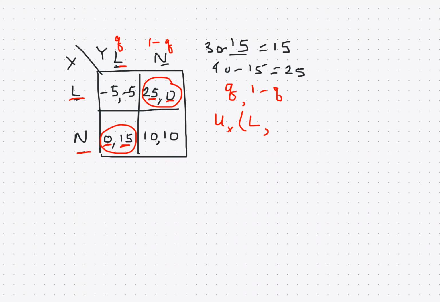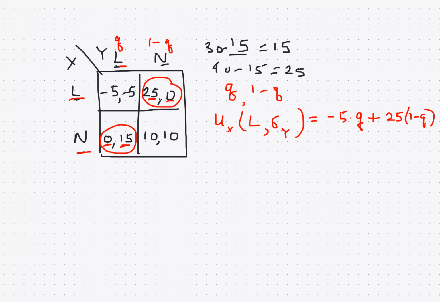And we have the other firm, Y, playing its mixed strategy, Q and 1 minus Q, so we'll just say sigma, which is the mixed strategy, the probabilities for firm Y. So if firm Y plays lobby with a probability Q, then firm X will get -5 with a probability of Q, so -5 times Q. Plus, if firm Y does not lobby with a probability of 1 minus Q and firm X chooses to lobby, then it gets 25 with a probability of 1 minus Q.